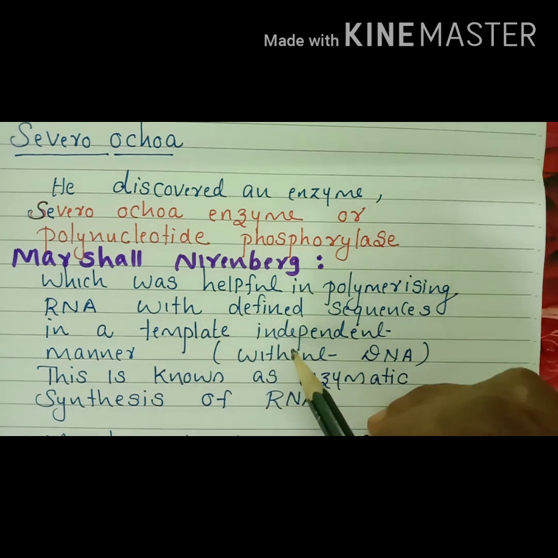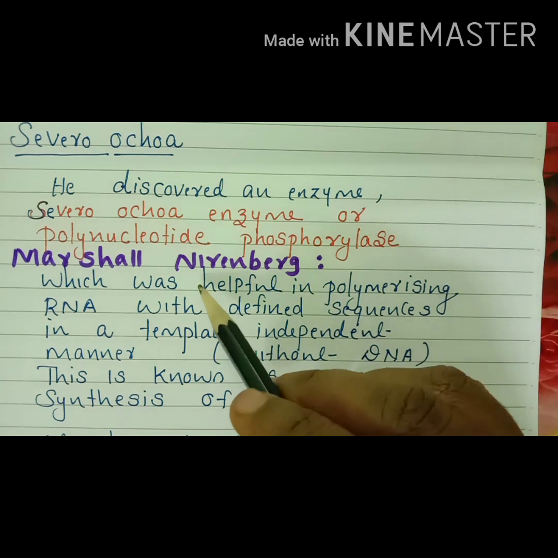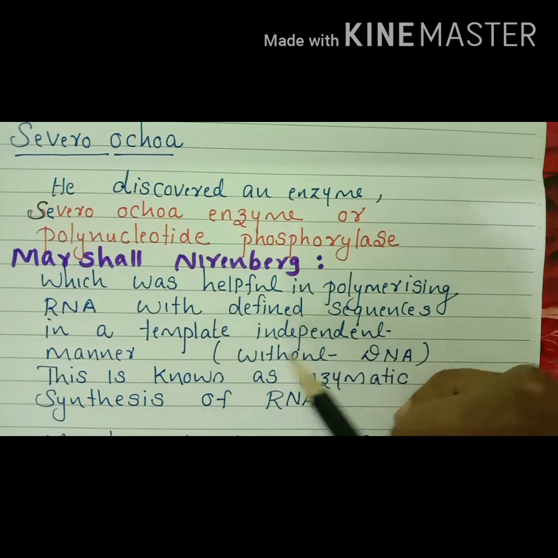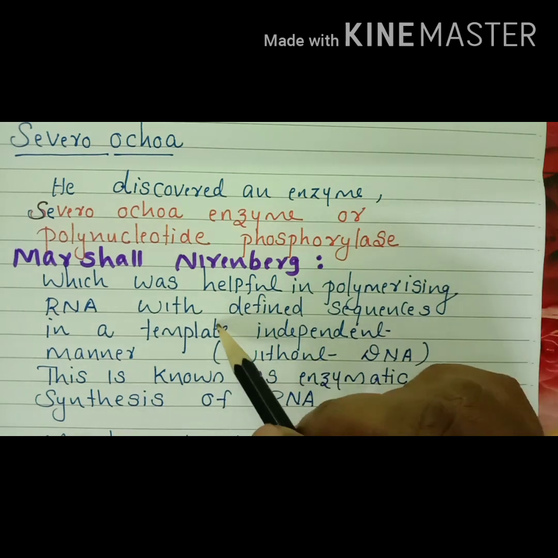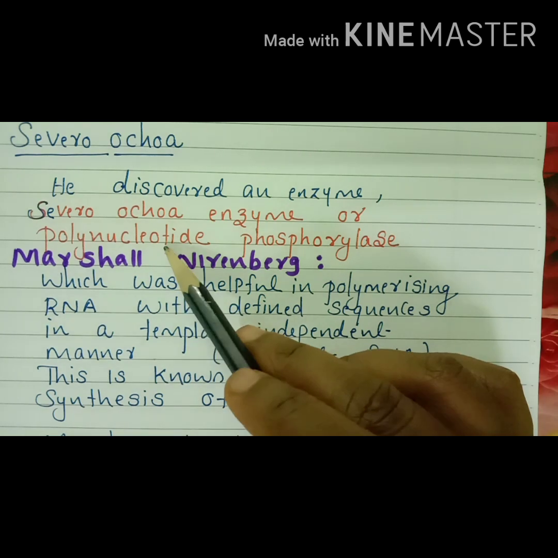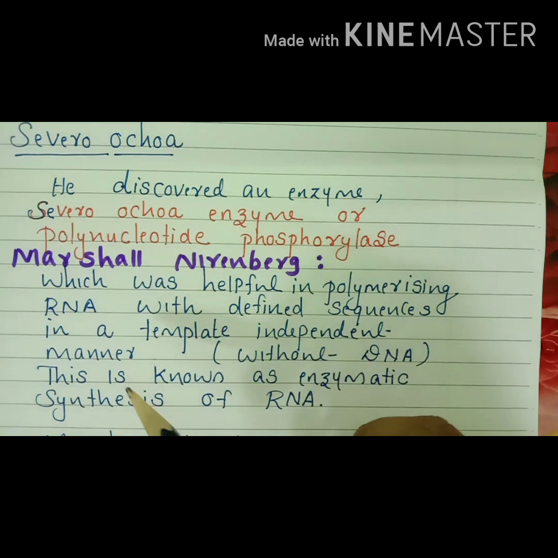That means without DNA. Usually we know that RNA is formed only from DNA, but he developed RNA without the help of DNA, in a template-independent manner, with the help of this enzyme. This is called enzymatic synthesis of RNA.